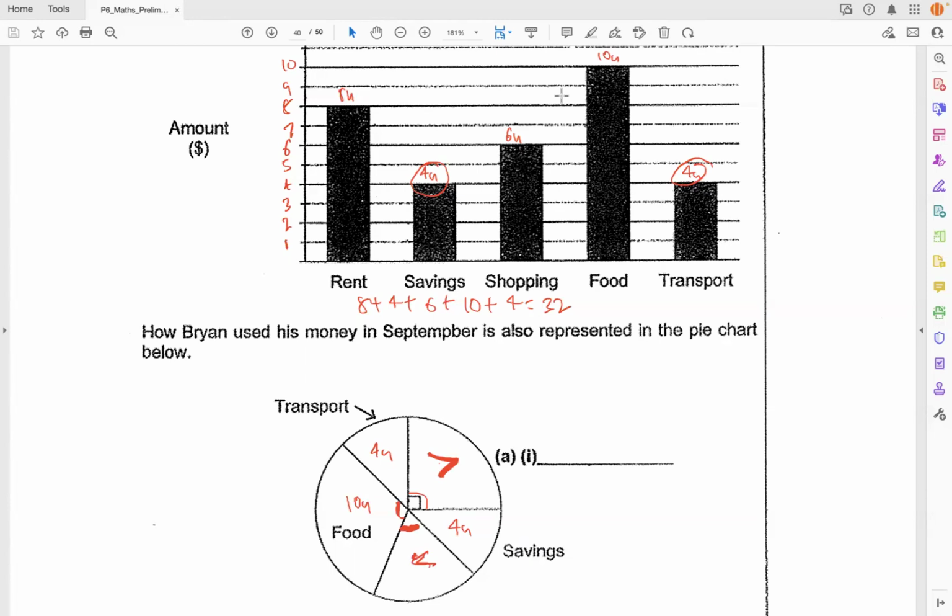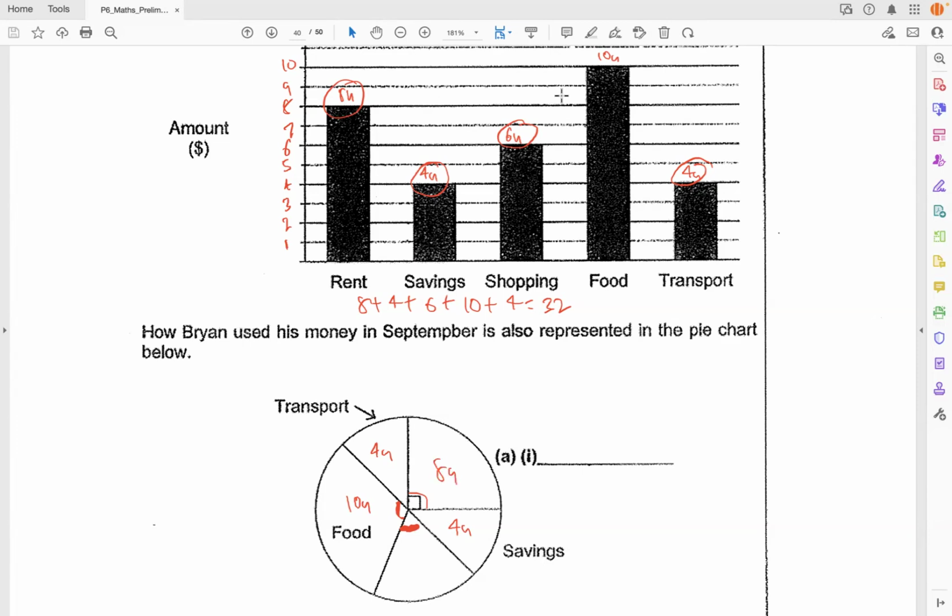Got it? Now, then I look at the bar chart. I'm comparing rent with shopping, right? Rent being the higher value than shopping has to be here. Rent has to be here, 8 units.